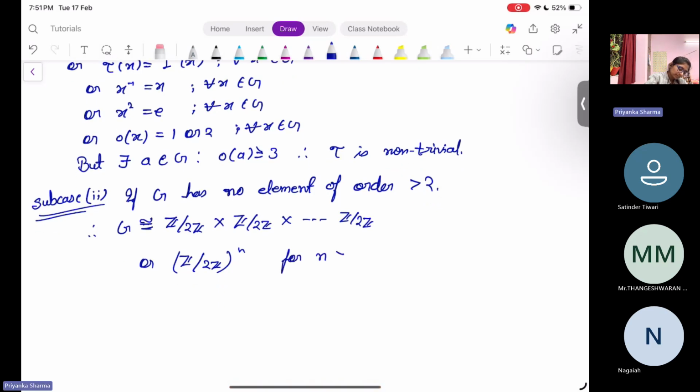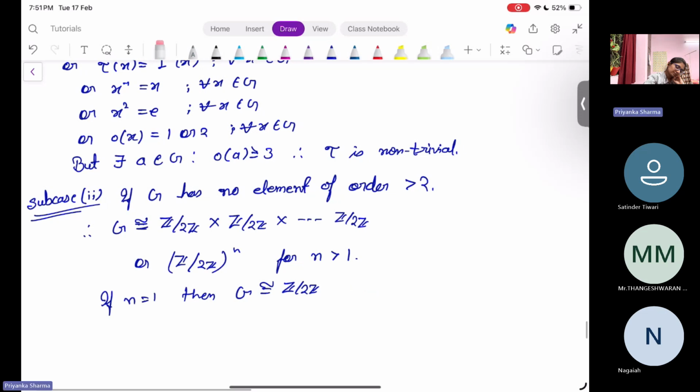Where n is greater than 1. N cannot be 1, because if n is 1, then G will be isomorphic to Z over 2Z. That is, G will have only two elements.